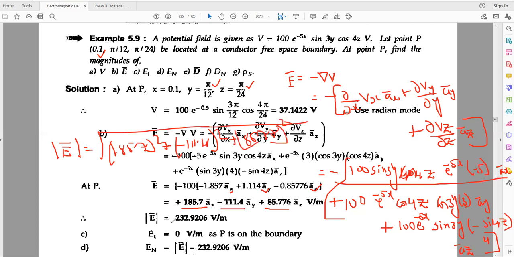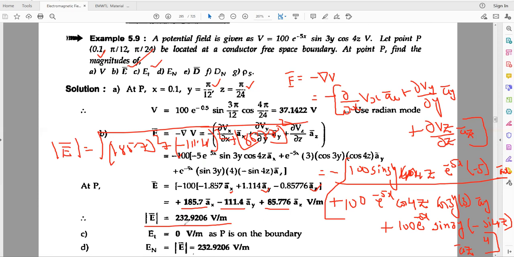Okay, to find this value, it is 232.9 volt per meter. So we got E bar at the point P. Now the third one, the tangential component: ET is equal to 0 as P is on the boundary.